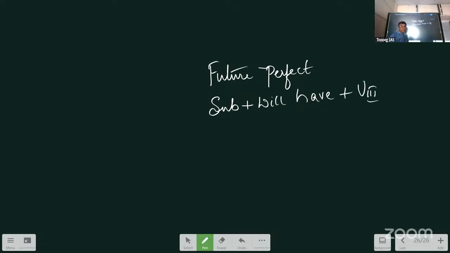Subject plus will have plus verb third form. Let us understand through a timeline.